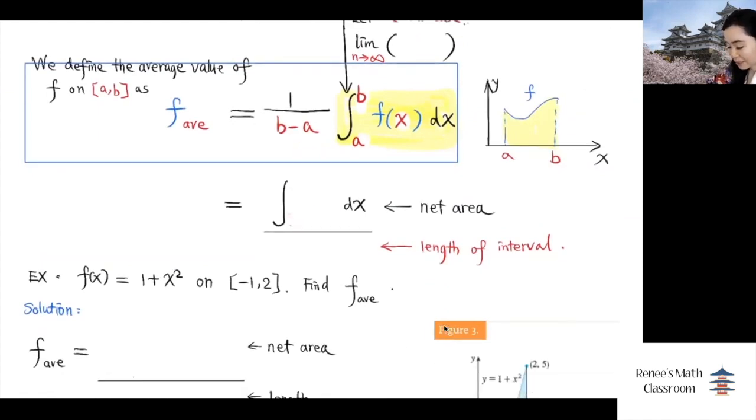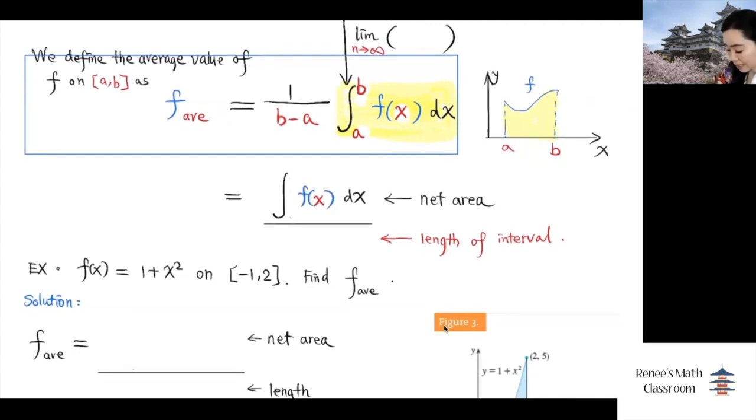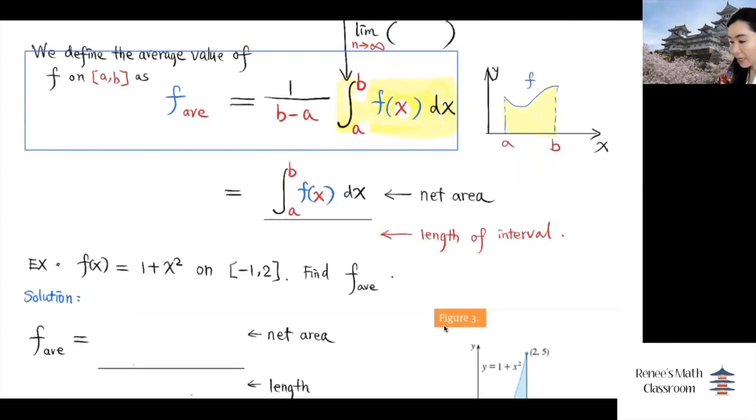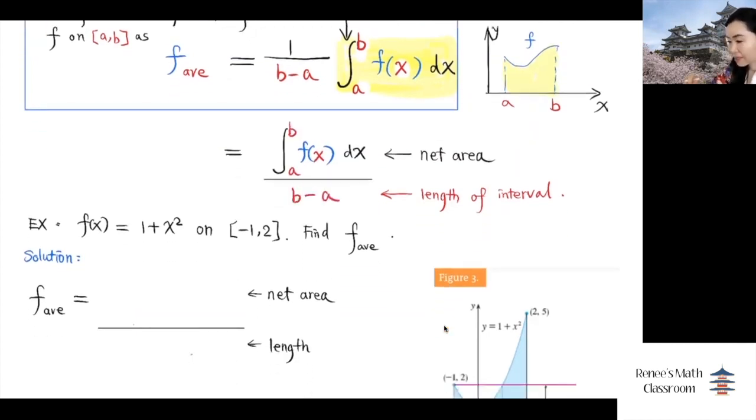Let's try to interpret this. It's the integral of the function f, x going from a to b, and then divide by b minus a. And that's how you find the average value of the function f on the interval a to b.